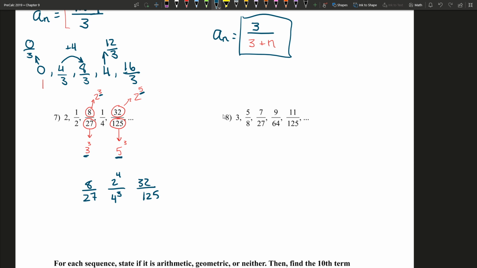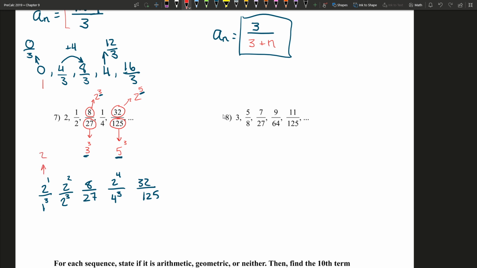The second term would be 2 squared, and the bottom would be 2 cubed. And then for the first term, it'd be 2 to the 1st over 1 cubed.